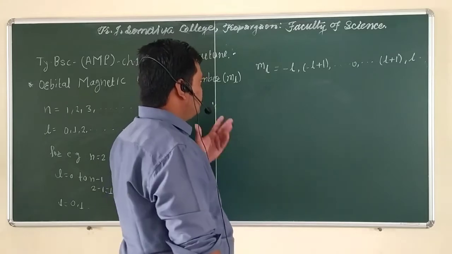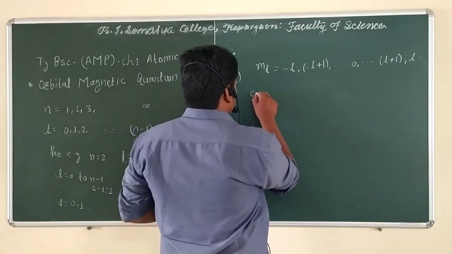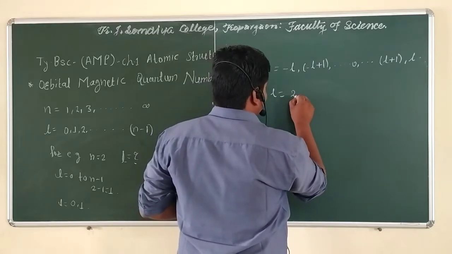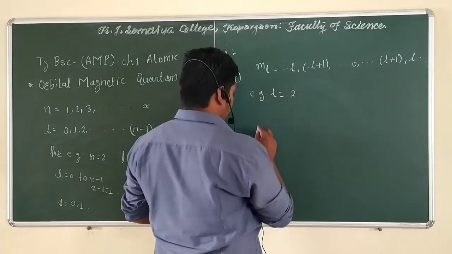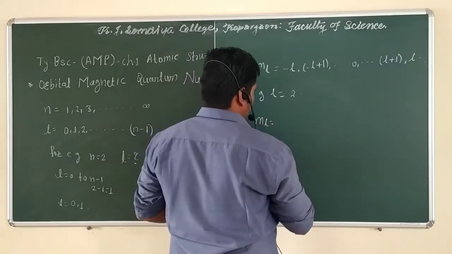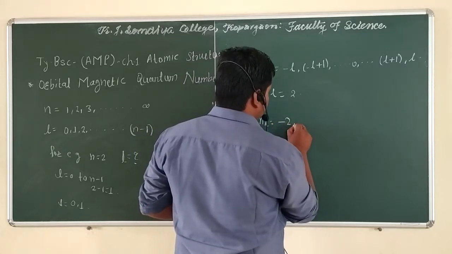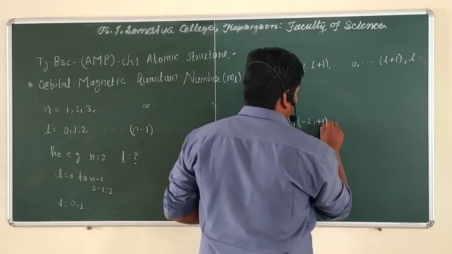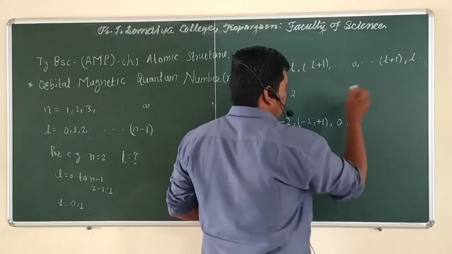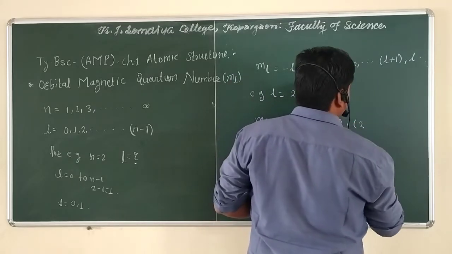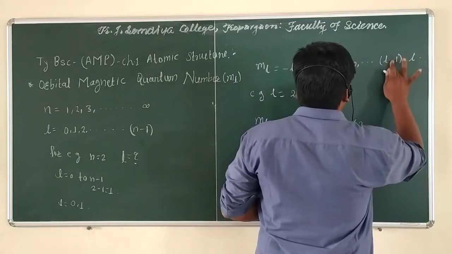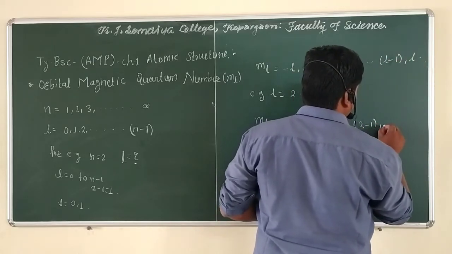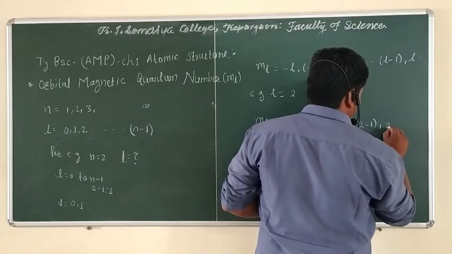So for example, here L is equal to 2. So what is the value of ml? ml is minus 2, minus 2 plus 1, 0, up to L minus 1, that is 2 minus 1, and L value is 2.